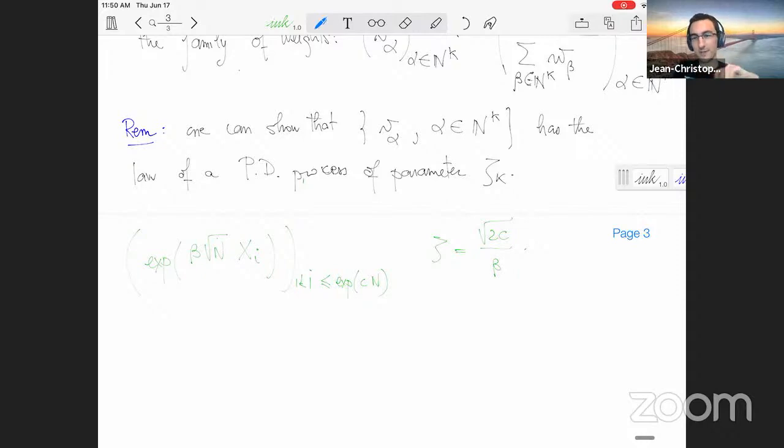And in some sense, this Poisson-Dirichlet cascade is a much more complex object, but it also has some sort of infinite divisibility, because if you ignore some levels, what you see is still some Poisson-Dirichlet cascade.